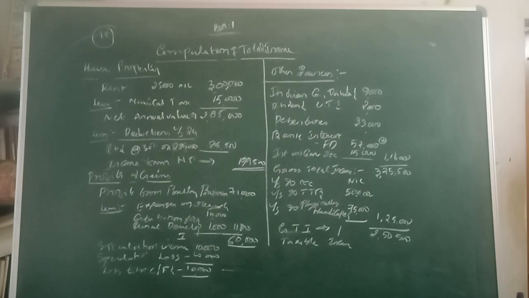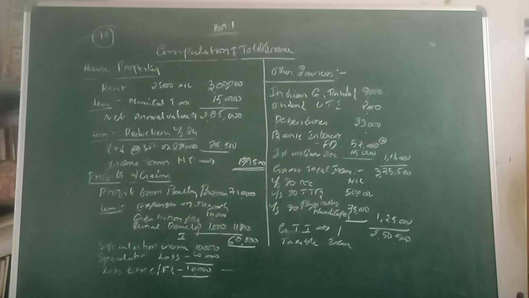That is the quantum of deduction for 80U. Mind it carefully: 80U is the applicable section for this disability. Okay, 75,000 you can claim. Another point here is point number 7 given in the question. He borrowed 50,000.